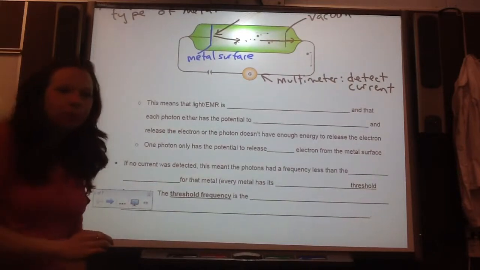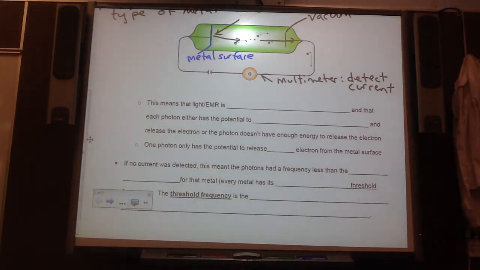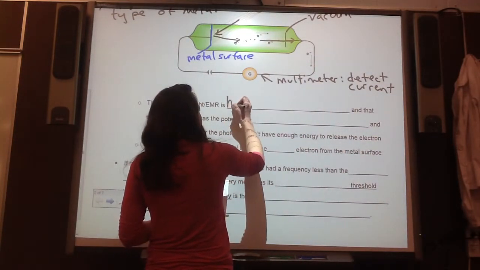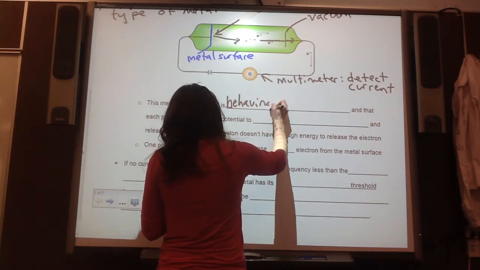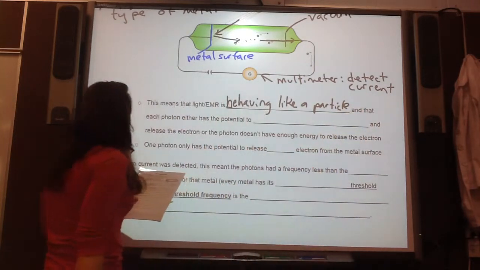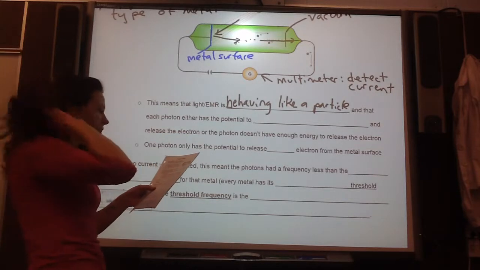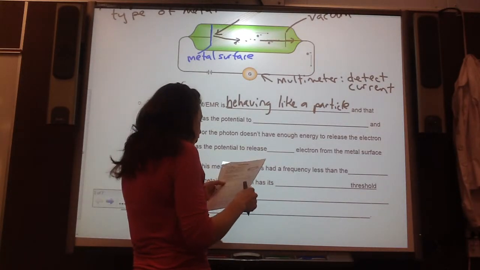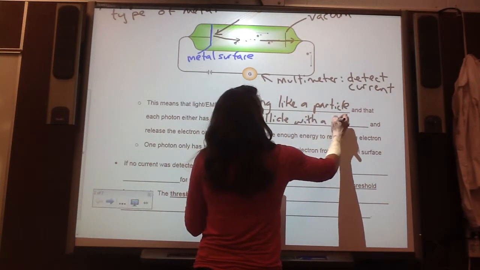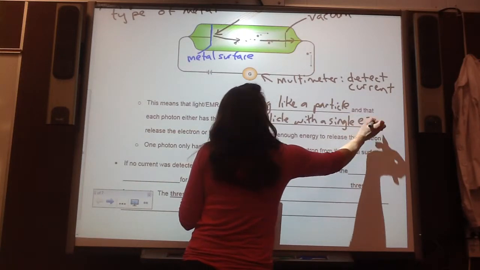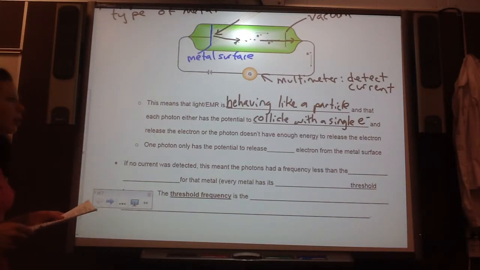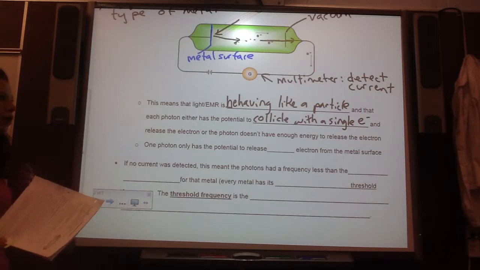So, to continue, this means that light/EMR is behaving like a particle, and that each photon either has the potential to collide with a single electron, so it's one photon per one electron, and release the electron, or the photon doesn't have enough energy to release the electron.